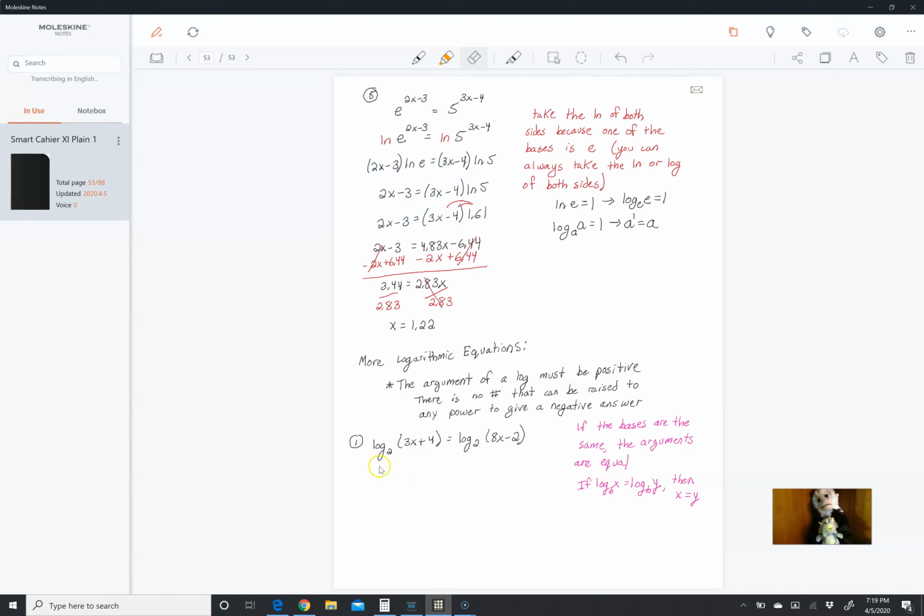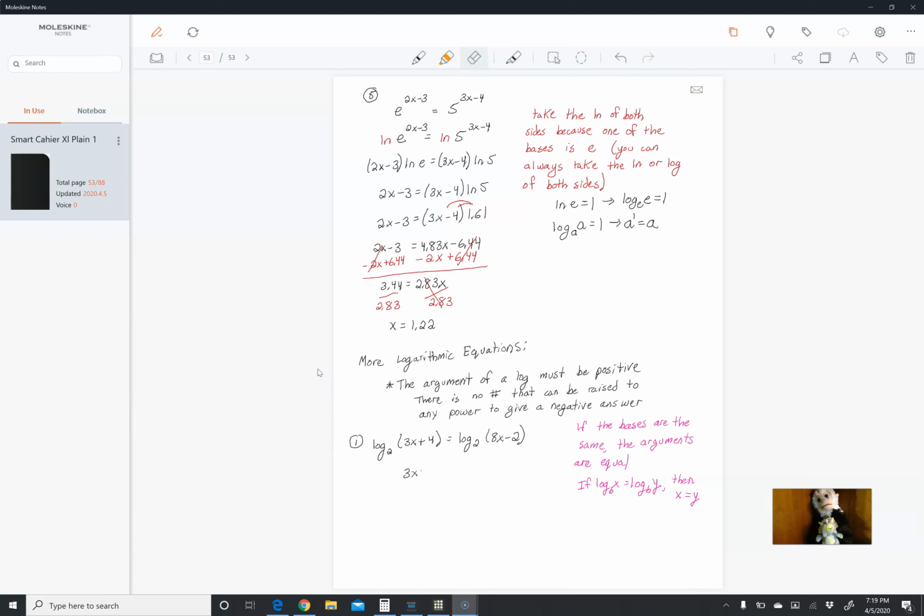So we want to say that we're ignoring the logs. We're not canceling them. We're not crossing them out. We're saying, okay, the bases are the same, so therefore we can make this conclusion that the arguments are the same. Same thing with the exponents at the beginning of the last video. We said if the bases are the same, the exponents are the same. So here we can just set the arguments equal to each other.